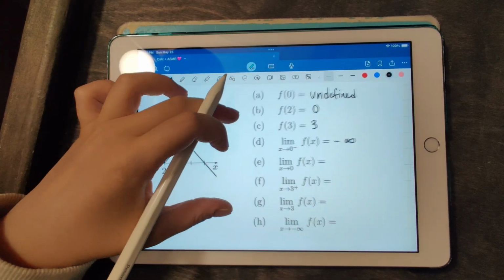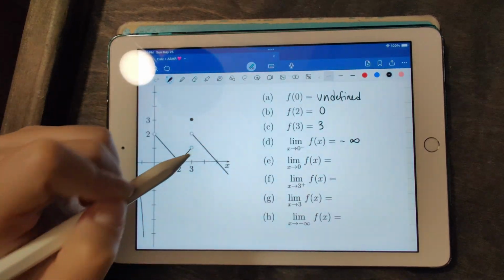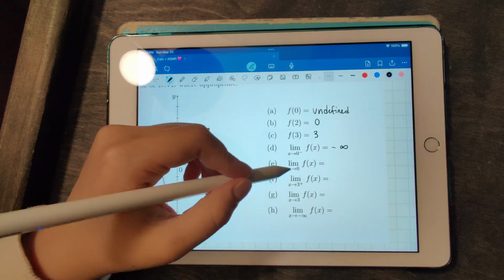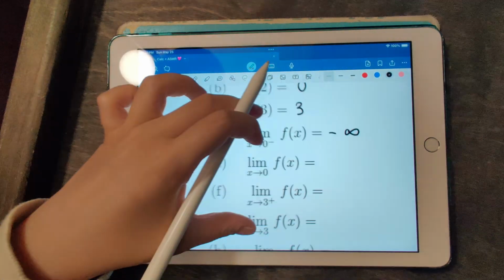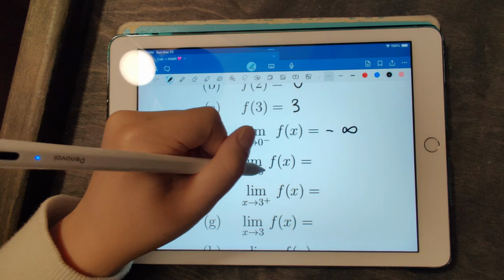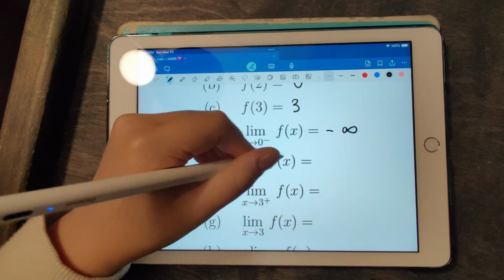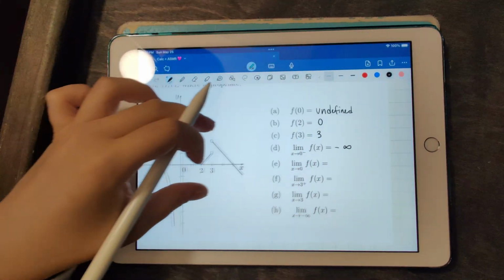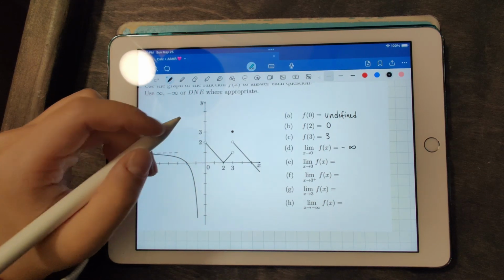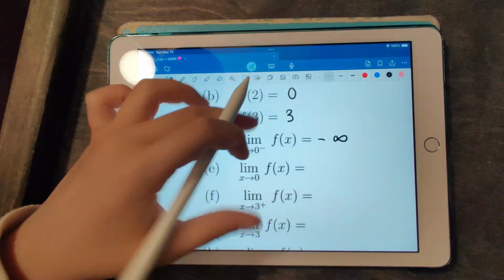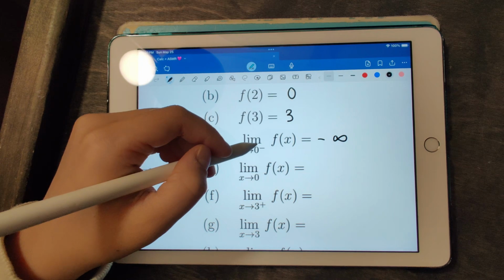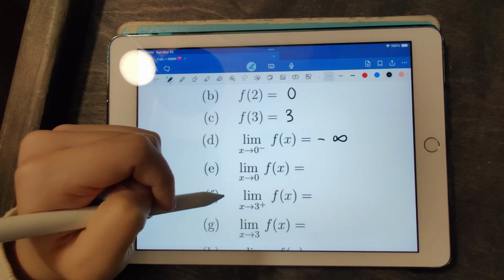And for the next problem, the limit as x goes to 0, just in general, notice how there's no negative or positive on f of x. Now this, we would say, is undefined because this limit does not exist if the left and right hand limits are not equal.